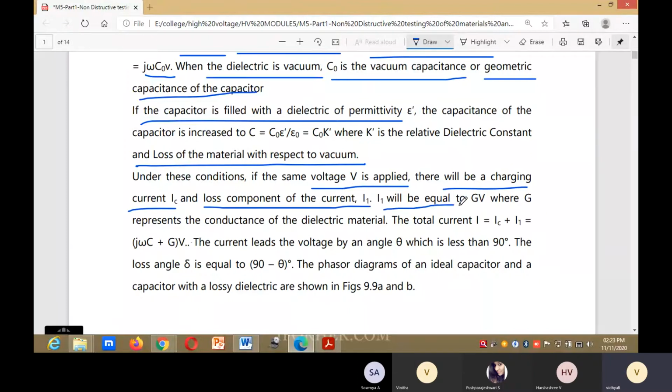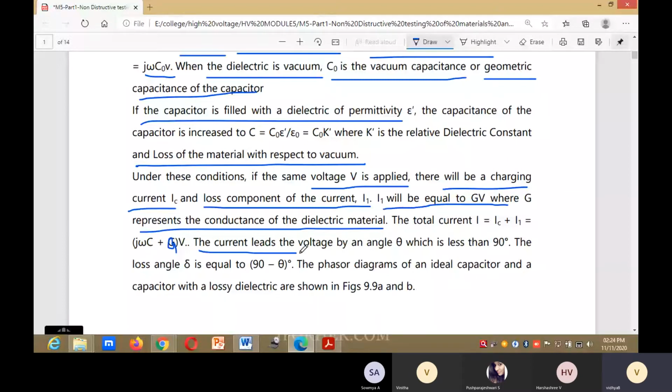I1 will be equal to GV, where G represents the conductance of the dielectric material and V is the voltage. The total current I is equal to IC plus I1, which is (jωC + G)V.